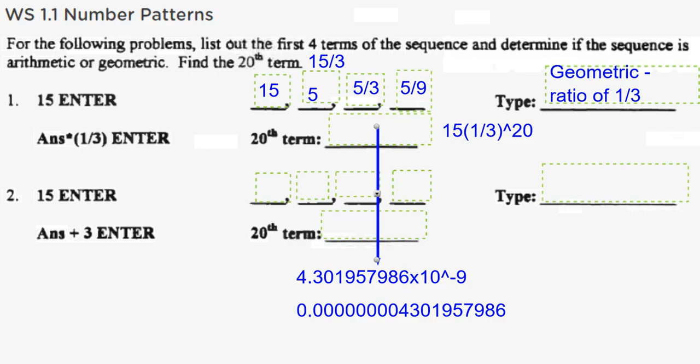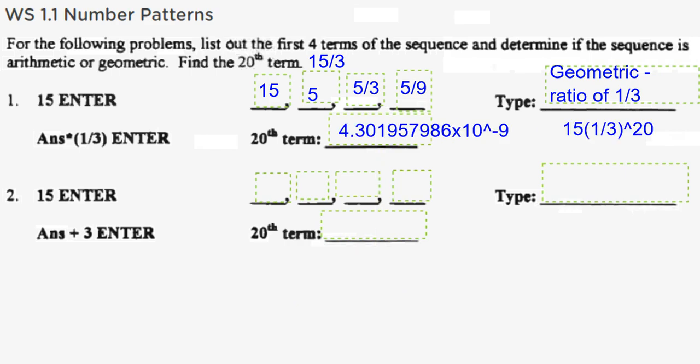All right, so the next one. If we're thinking this is our a sub 0, so if you started off with a 15, and you're adding 3 each time, you would then have 18, 21, and 24. Because I have that common difference of adding 3 each time, it's an arithmetic sequence.